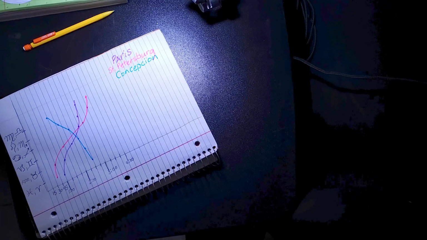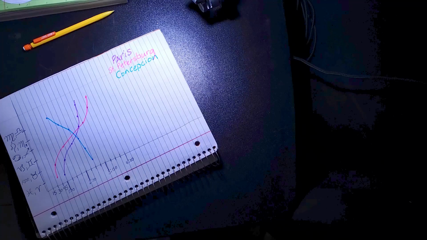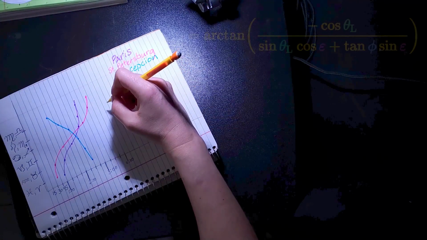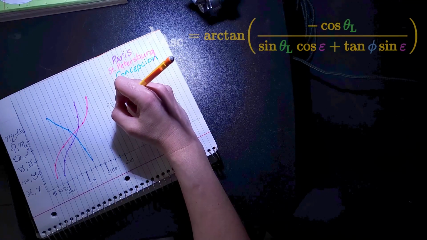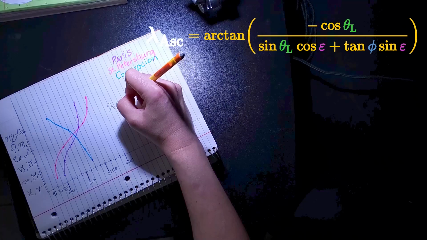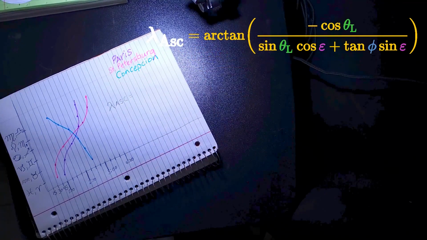And there is actually an equation that you can use in order to determine this to great accuracy. If you want to get the celestial longitude of your ascendant, I'll be writing down the equation on the page, and then I've also put an insert on the video.